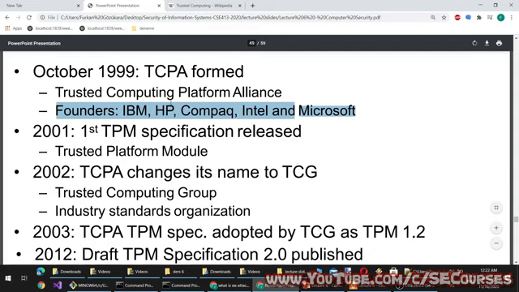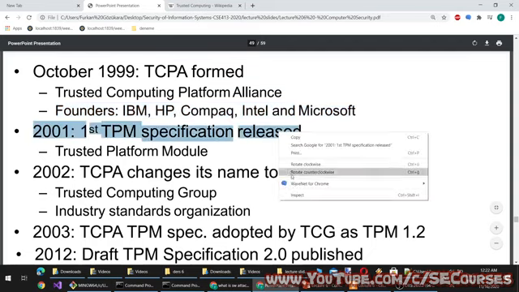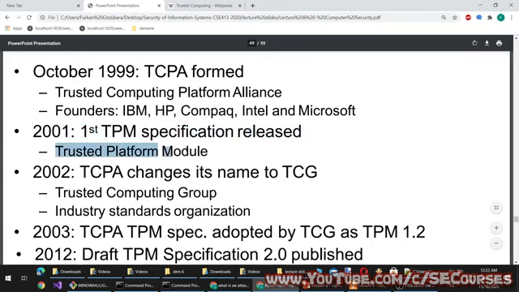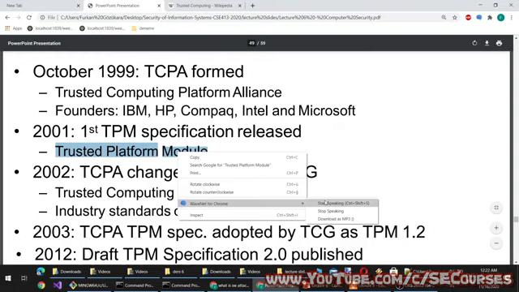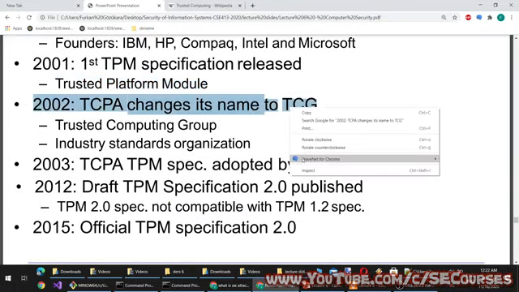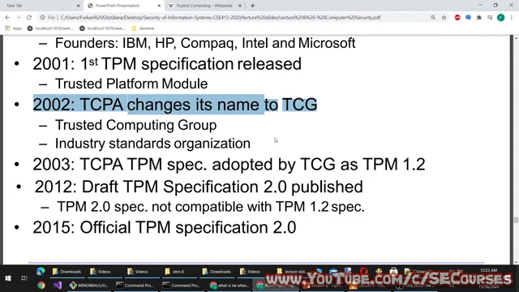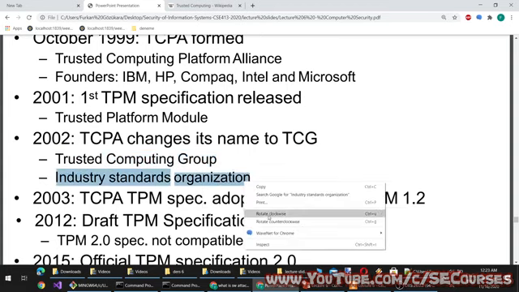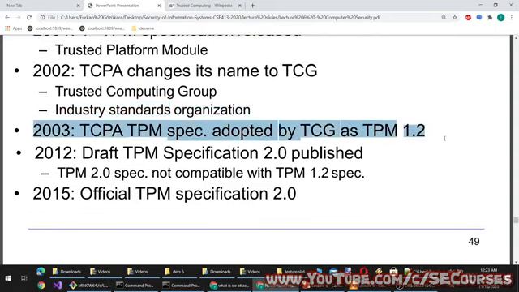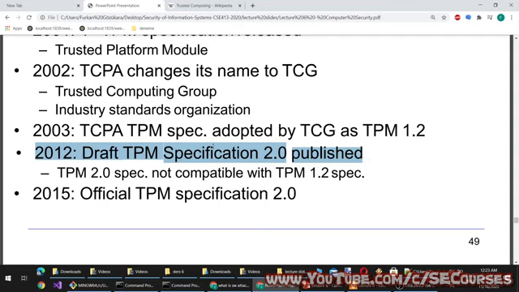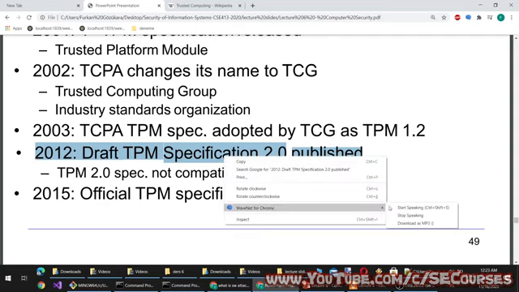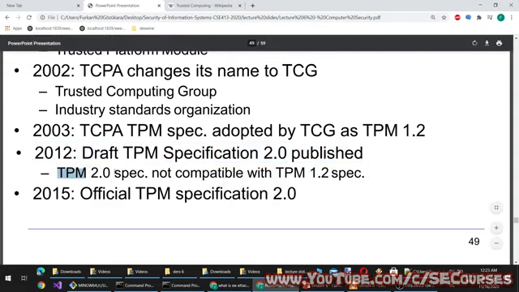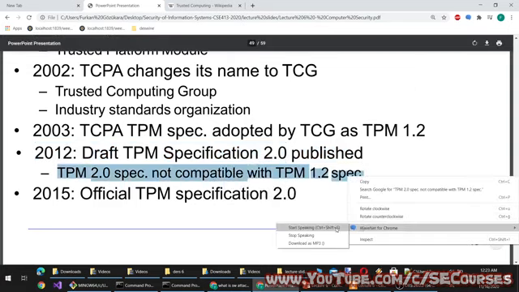Founders: IBM, HP, Compaq, Intel and Microsoft. 2001, first TPM specification released, Trusted Platform Module. 2002, TCPA changes its name to TCG, Trusted Computing Group, an industry standards organization. 2003, TCPA TPM spec adopted by TCG as TPM 1.2. 2012, draft TPM Specification 2.0 published.